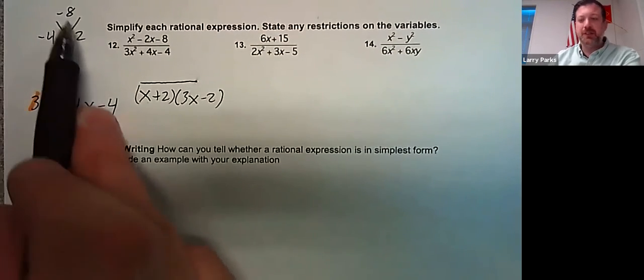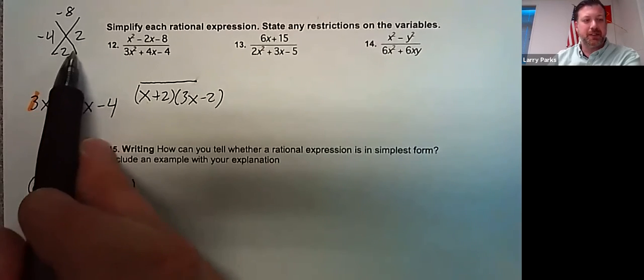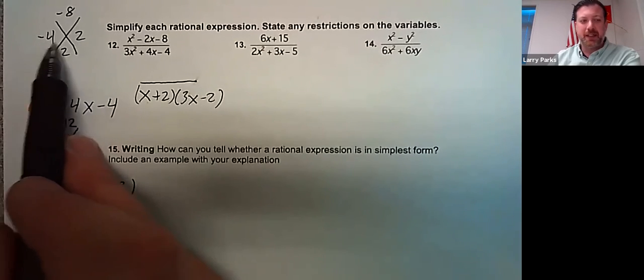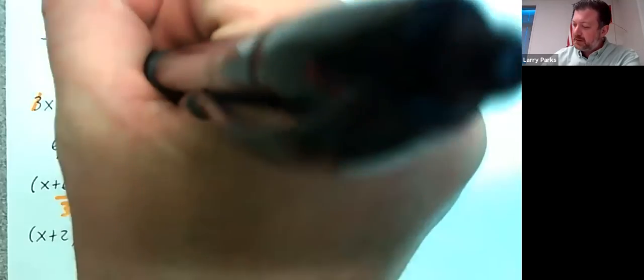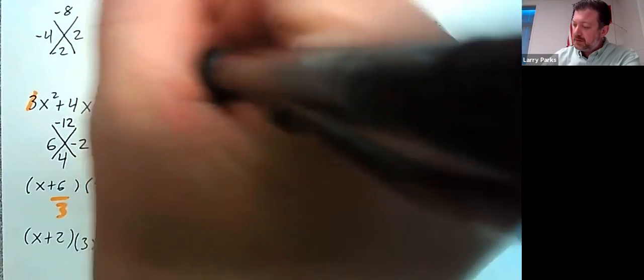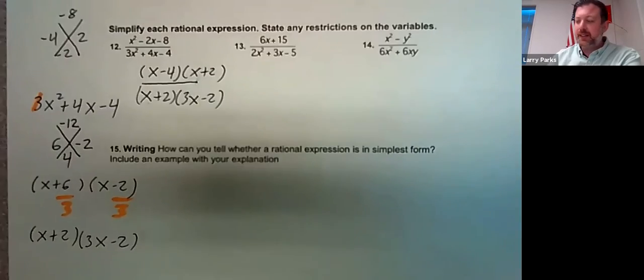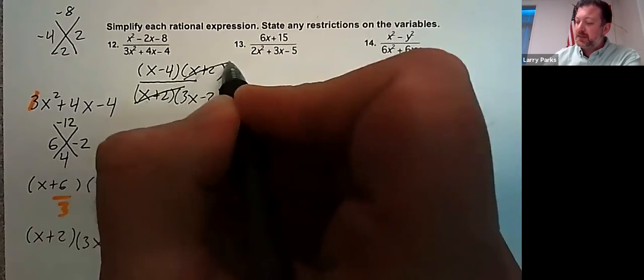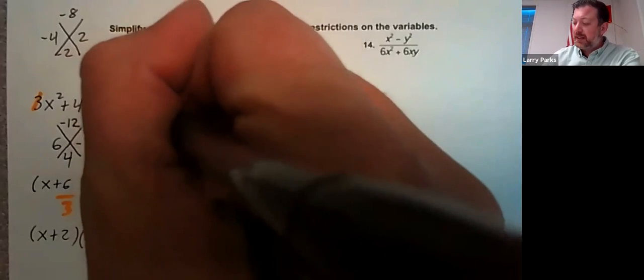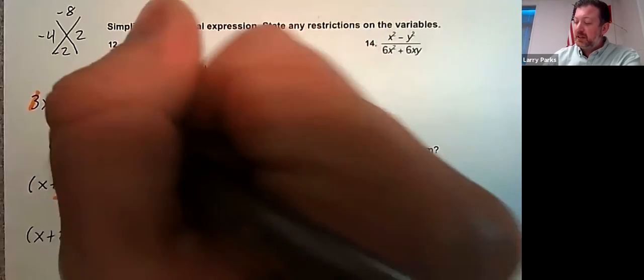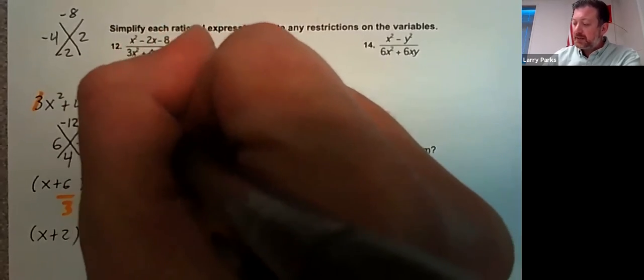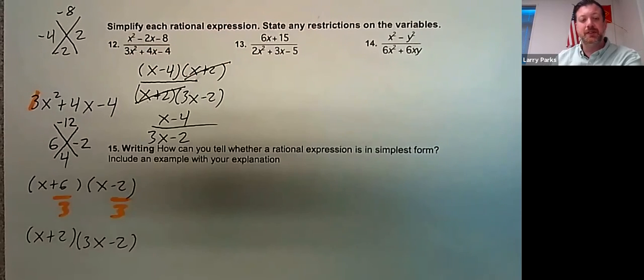Negative 4 times 2 is negative 8. Negative 4 plus 2 is negative 2. So I get x minus 4, x plus 2. And then the only thing that goes away is the x plus 2's. So I get x minus 4 over 3x minus 2.